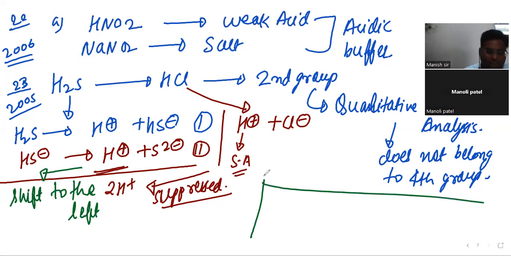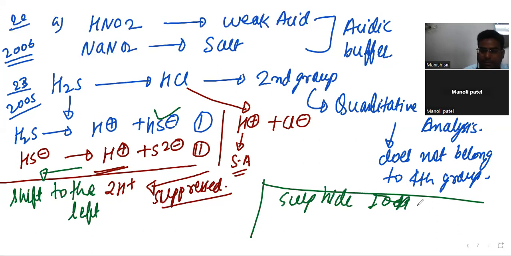Now see the next explanation. Hence the sulfide ion concentration becomes lower, and group 2 cations have lower solubility. This is your sulfide ion, right?